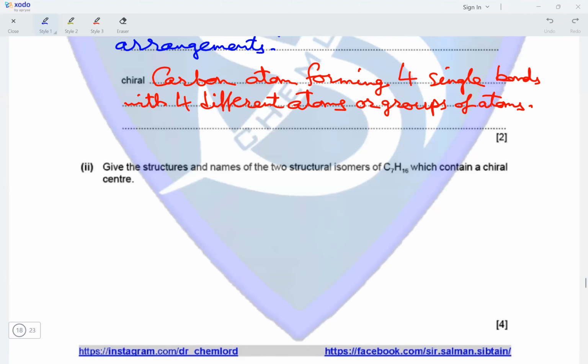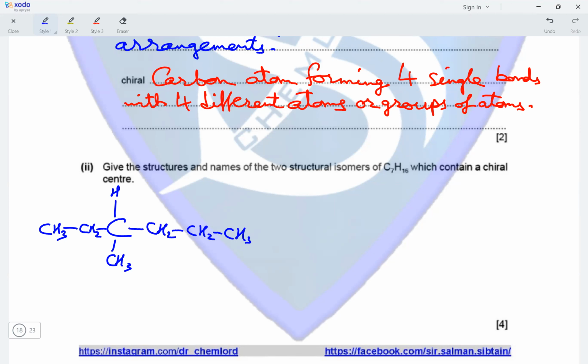Give the structures and names of 2 structural isomers of C7H16 which contain a chiral center. So the simplest one would be a carbon atom with hydrogen attached on one side, CH3 attached on another side, CH2 and a CH3 attached on the third side, and we'll have a 3 carbon atoms, so CH2, CH2, and CH3 attached on the fourth side.